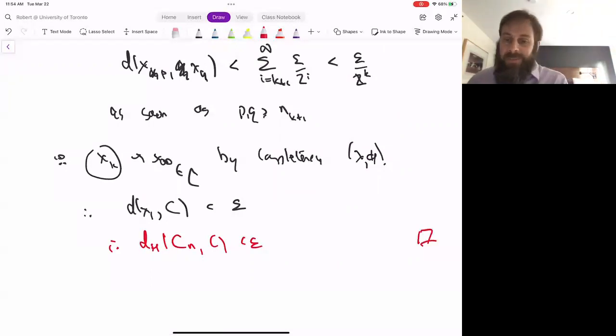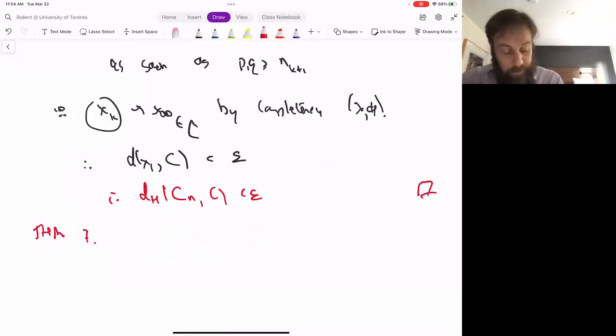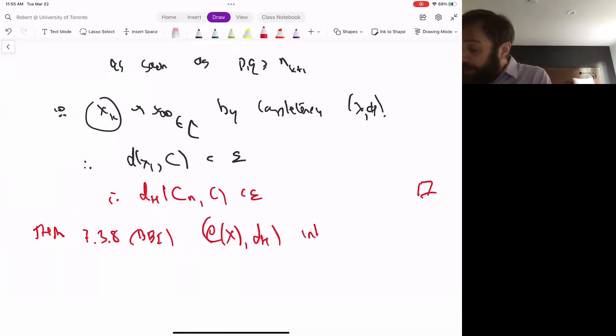And so the nice thing about having this completeness is it sort of trivializes the next step, which is Ivanov theorem 7.38, that these closed sets under this Gromov-Hausdorff distance inherit compactness from the underlying space.